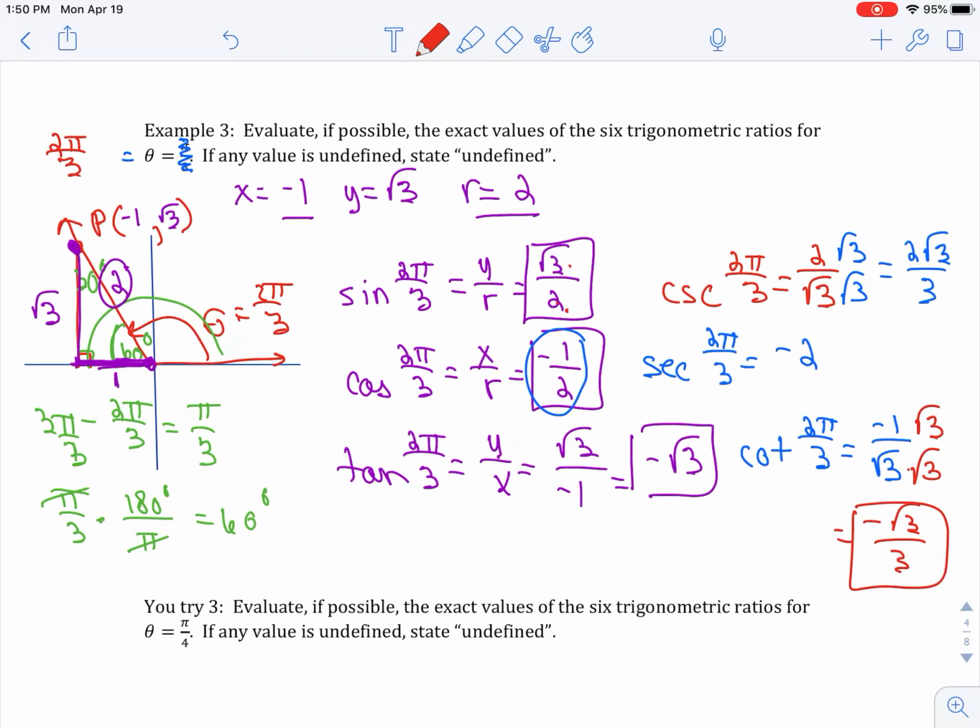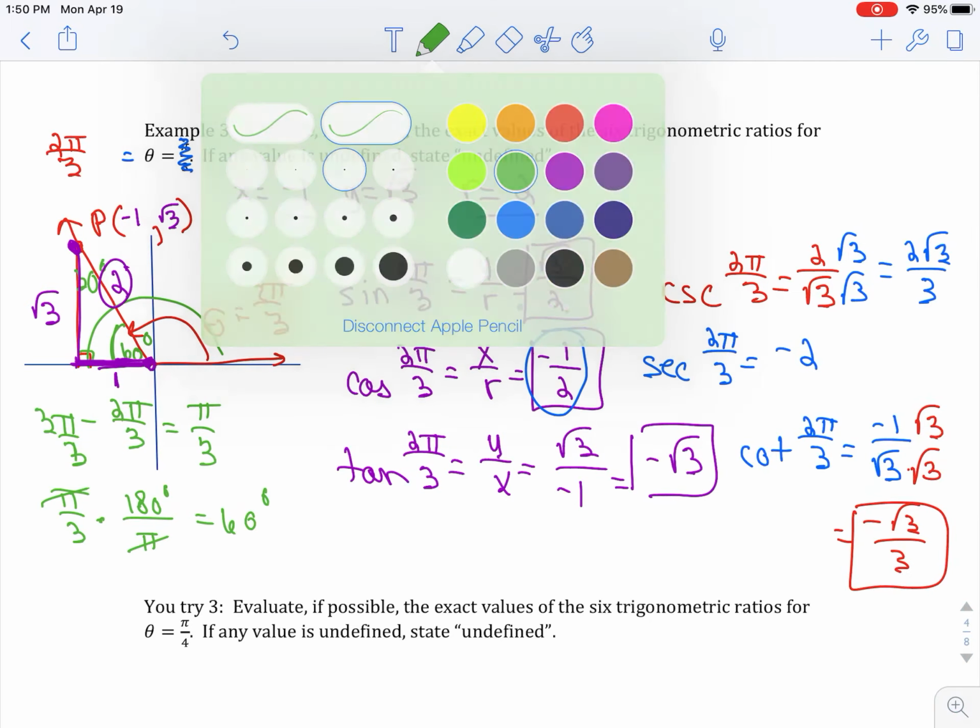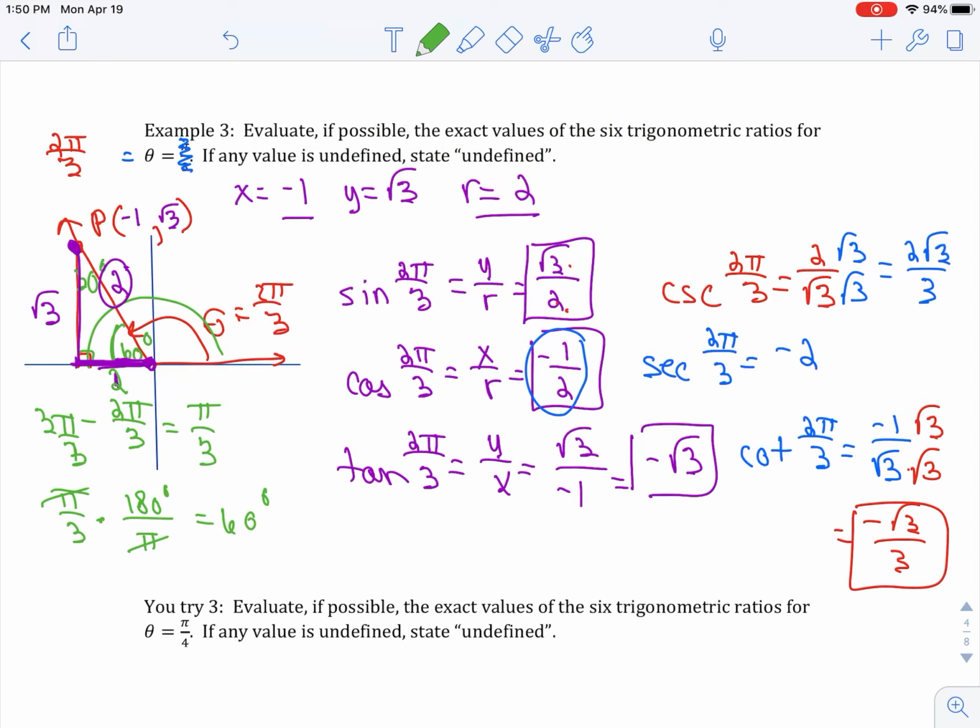Now, I just want to point out that if you had chosen this to be a different number, like if you had chosen this to be, say, 2, then this would have been 4, and this would have been 2 times the square root of 3. So that would have just doubled all of these numbers. So x would have been -2. This would have been 2 times the square root of 3, and then this would have been 4.